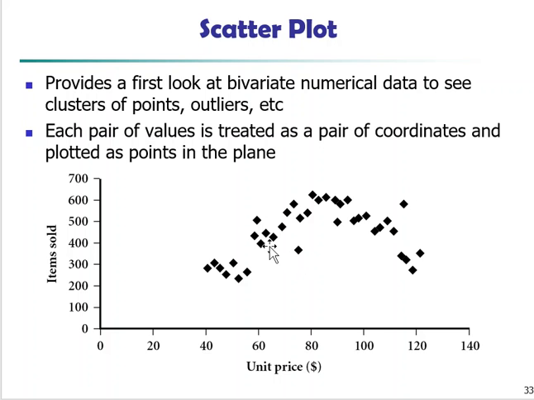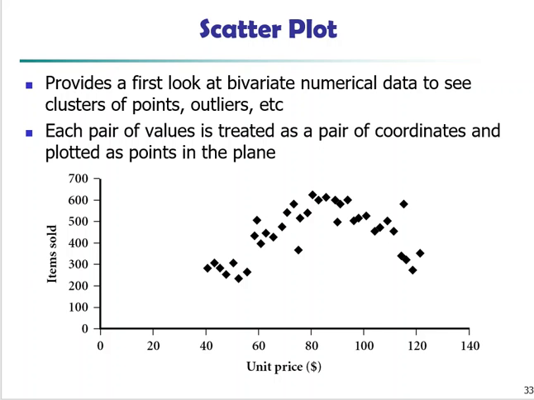You can also see clusters and outliers, not depicted in this picture, but you can imagine something could happen here. That would be an outlier. Because this is a bivariate data set, each data point is represented by two values, which give you the numbers to plot the coordinates for the x and y axes.